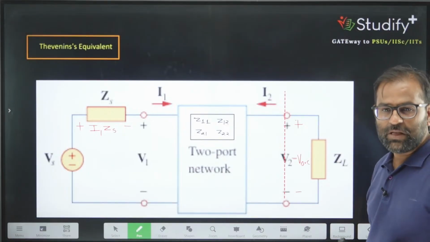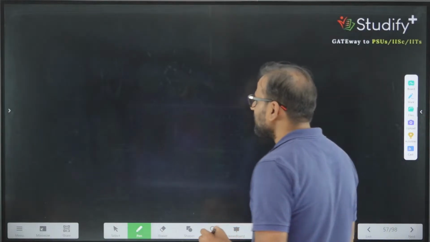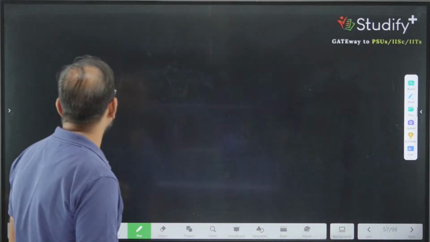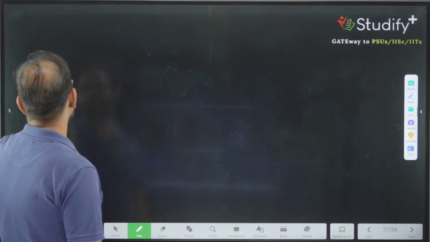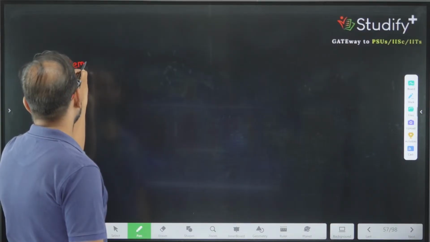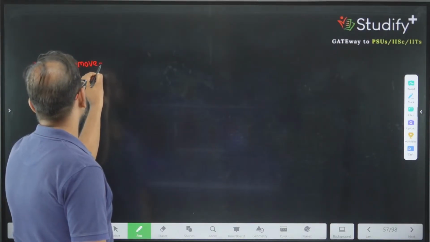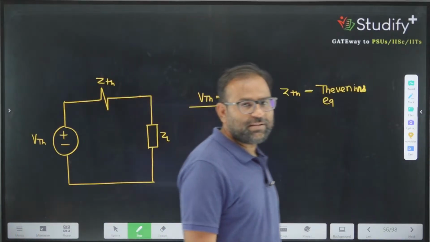So let's take case number 1: ZL is removed from the circuit.